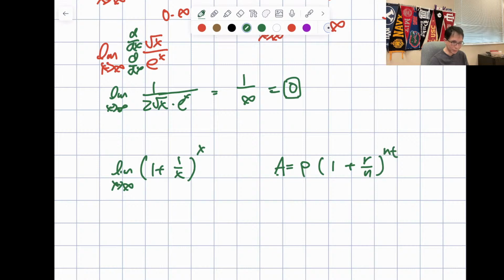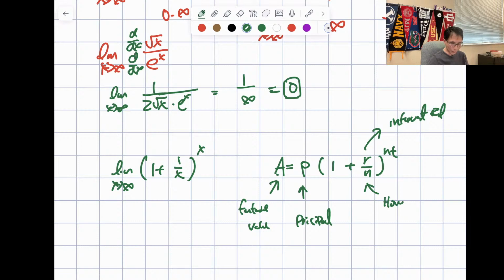Do you guys remember this interest rate equation? What does A stand for? A stands for future value. P stands for principal. R stands for interest rate. N stands for how many times it compounds.